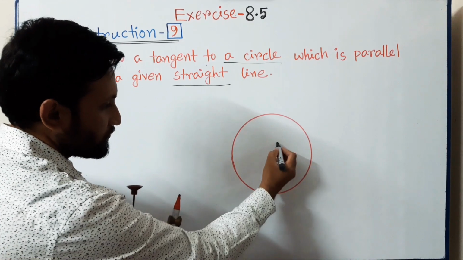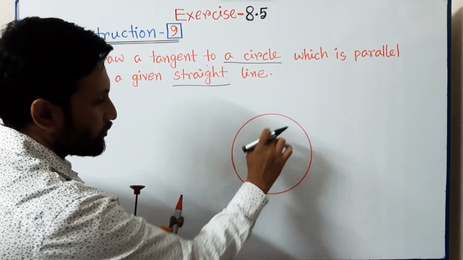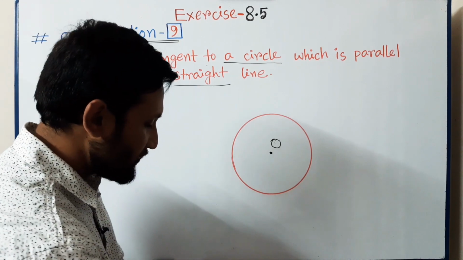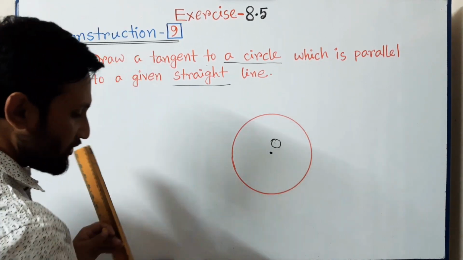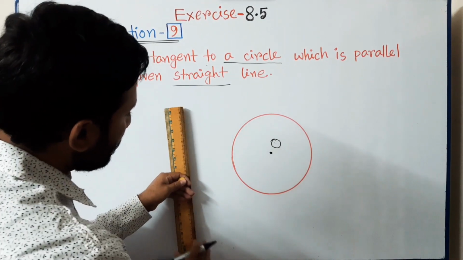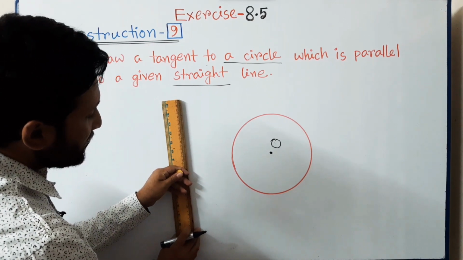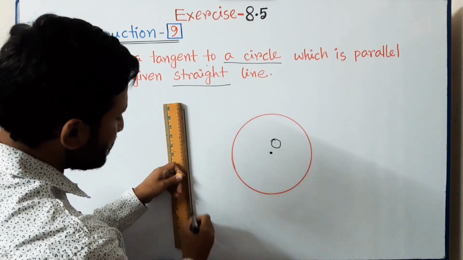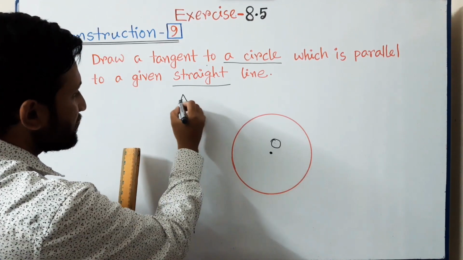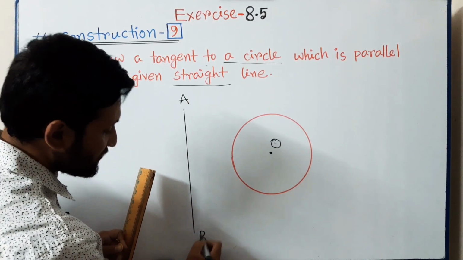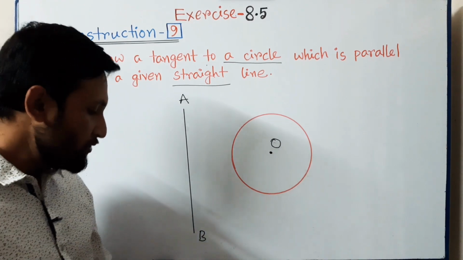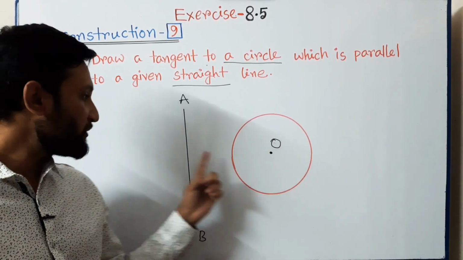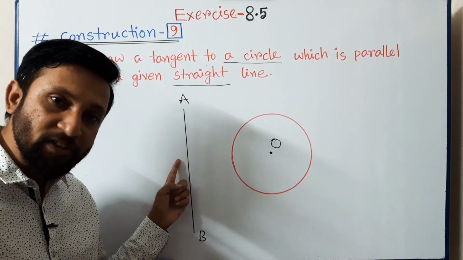Mention this center O. Now draw a straight line, according to this question. Suppose AB, a straight line. Now we have to draw a tangent on this circle from this given straight line.